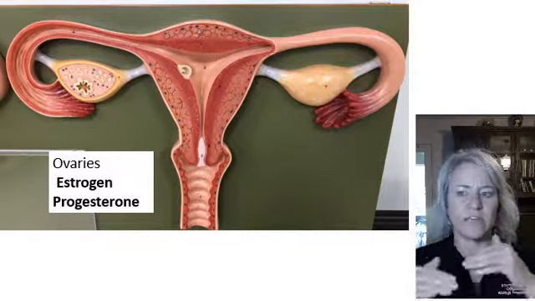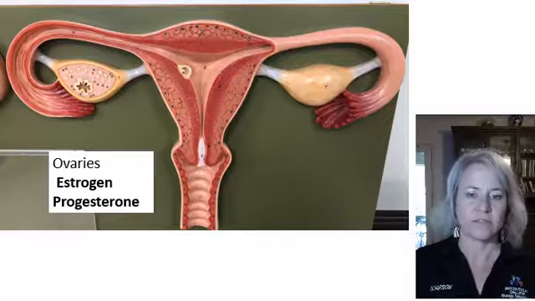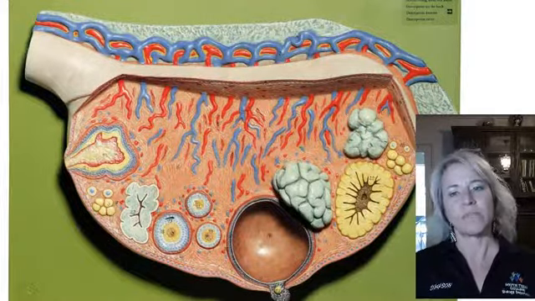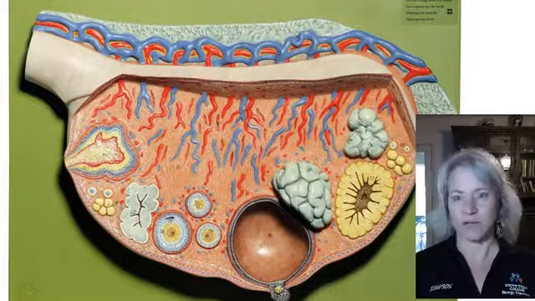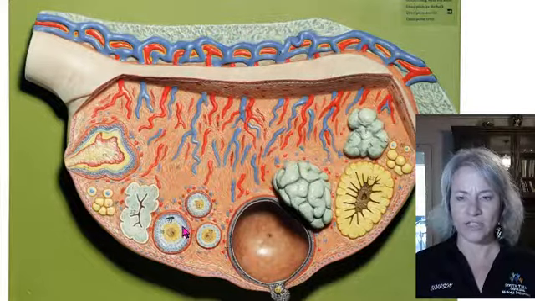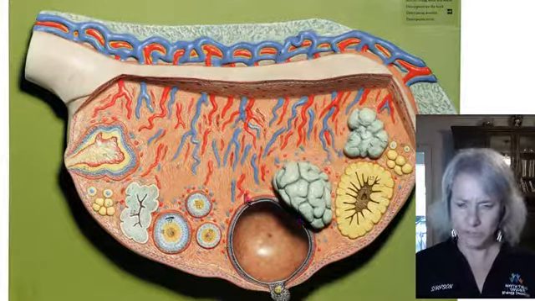In your menstrual cycle, it's estrogen and then progesterone, monthly. This is a model of the ovary. It's a crazy looking model, but it's showing you the developing follicle. So this is the ovary, and these structures inside the ovary are the different stages of the developing follicle.